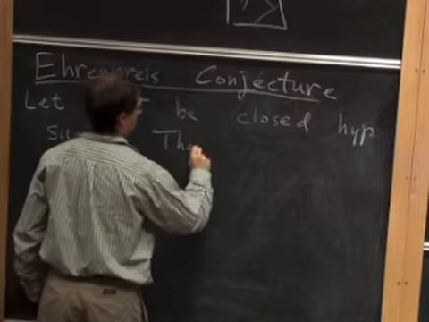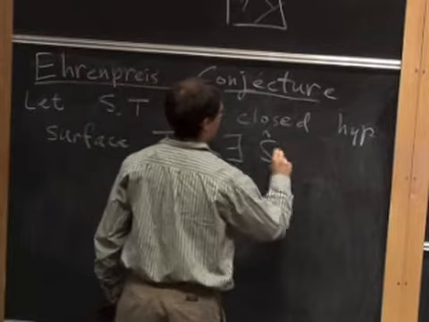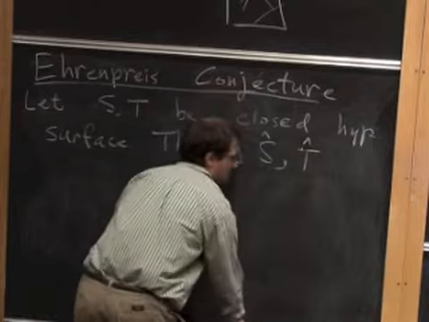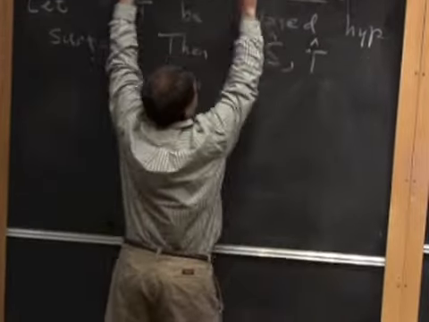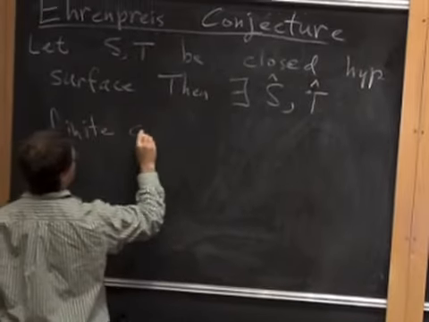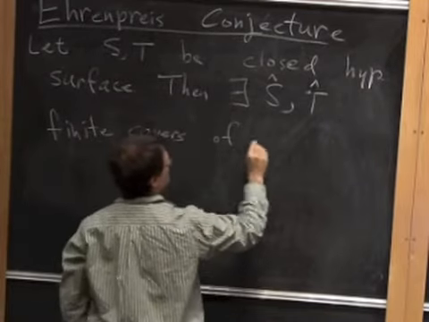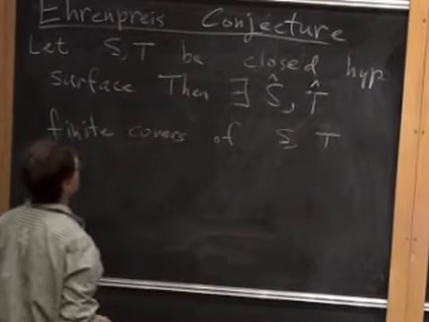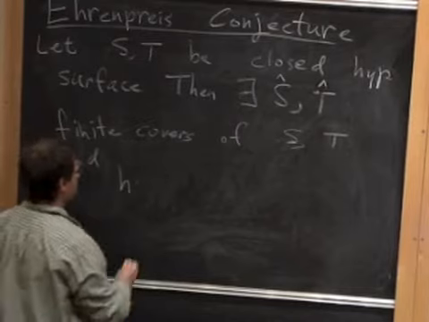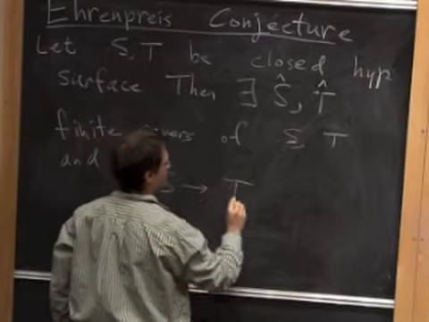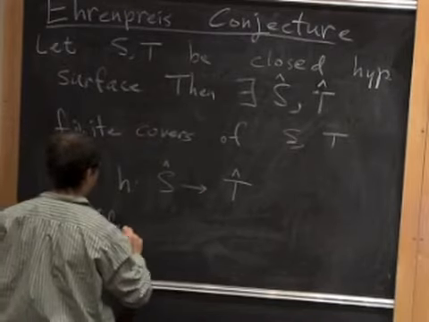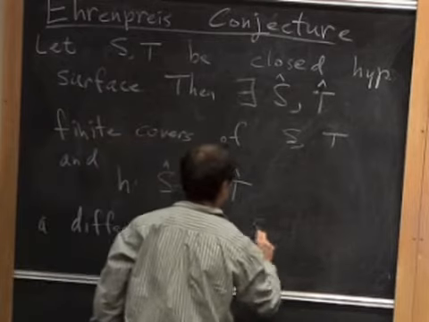Then there exist S hat, T hat, finite covers of S and T respectively, and H from S hat to T hat, a diffeomorphism of small distortion.